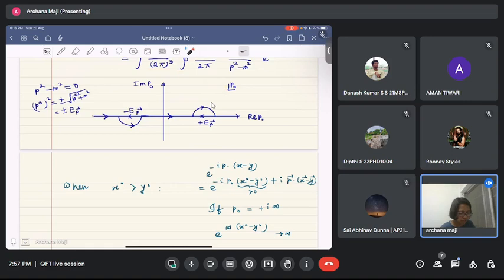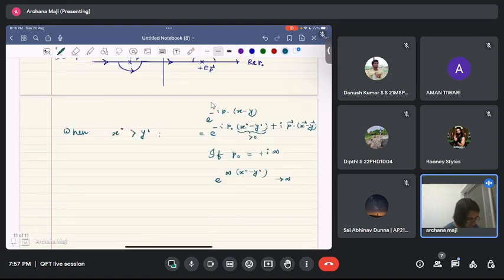We need to close it in the lower half plane, because if p0 is minus i infinity, it becomes exponential of minus infinity times (x0 minus y0), which is 0.